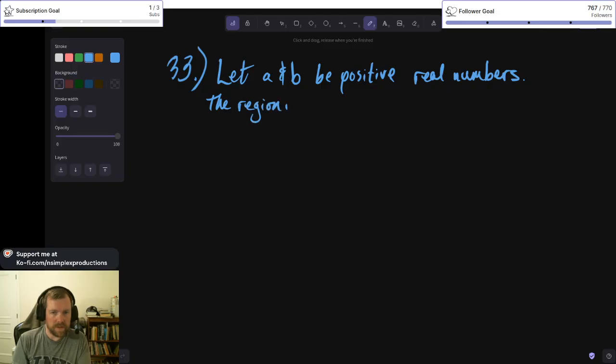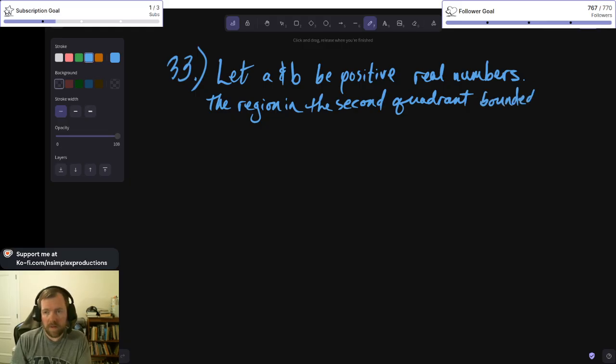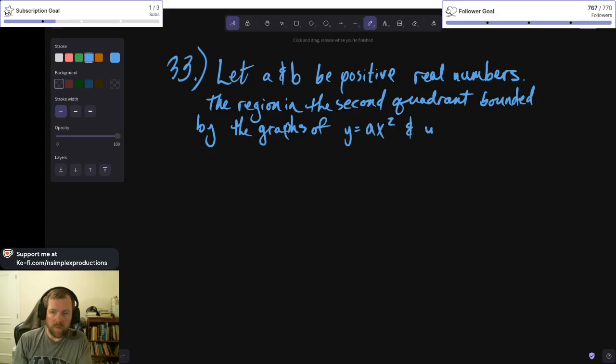The region in the second quadrant bounded by the graphs of y equals ax squared and y equals negative bx is revolved about the x-axis.